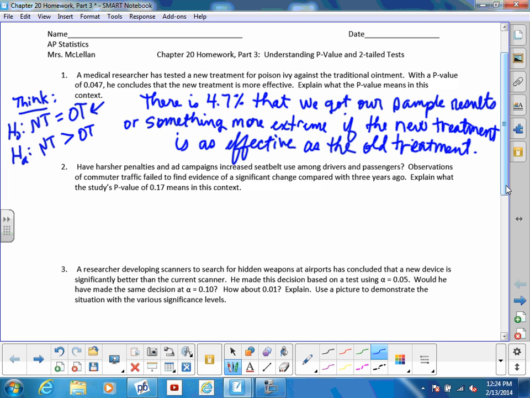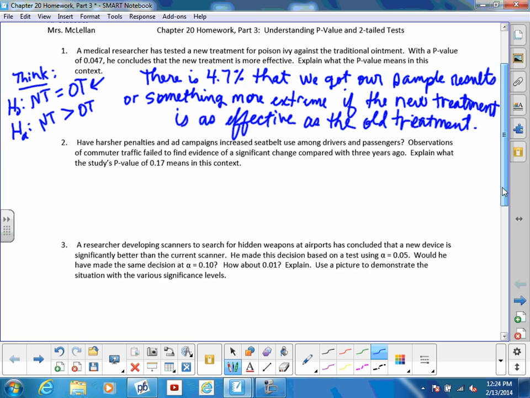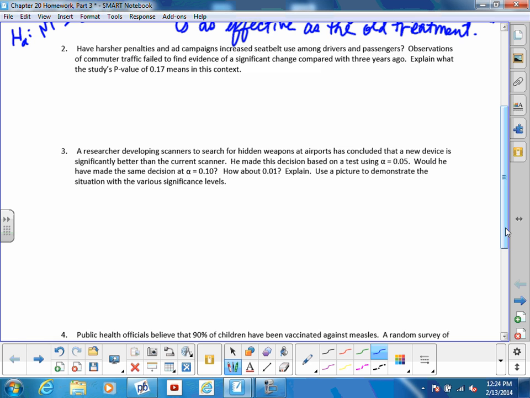Good, good, good. Okay. So I bet you this one is going to fall even easier for you. So let's do this next one here. The question starts off wondering if harsher penalties and ad campaigns have increased seatbelt use among drivers and passengers. Before I even get into this, I want to flash back to the beginning of the year. This is not going to be an imposed treatment where you make some people wear seatbelts or make some people look at ad campaigns and some people not.